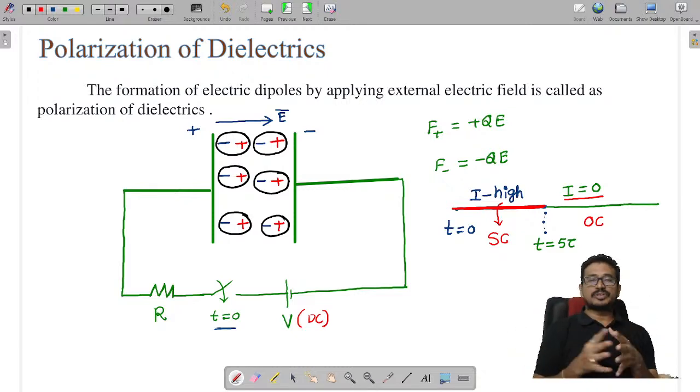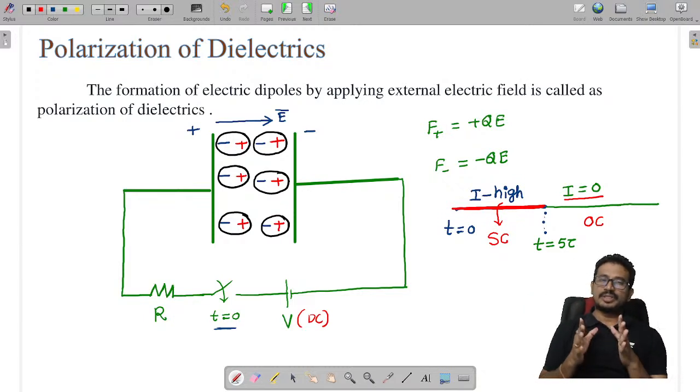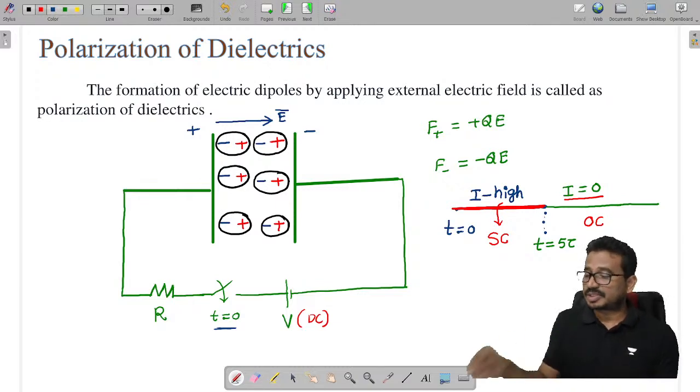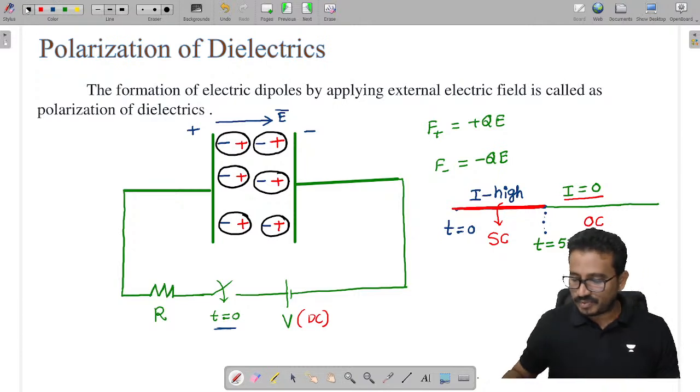This time is up to 5 time constants only, during which there is a flow of current. That flow of current is called, you tell me, short circuit.